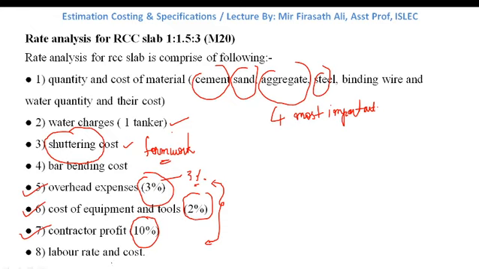We also need to include the labor rate and cost. These quantities have to be worked out; their cost and quantity have to be known to us for getting a complete rate analysis of RCC slab.